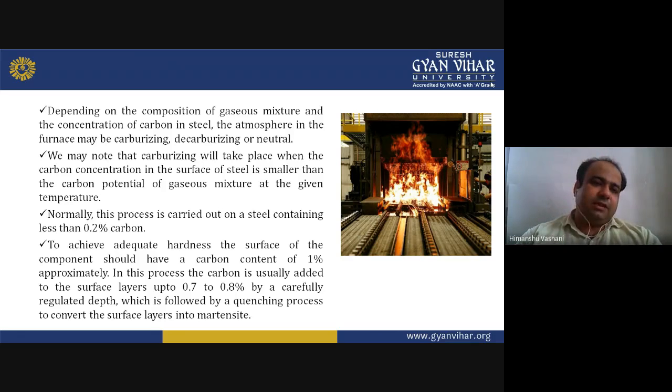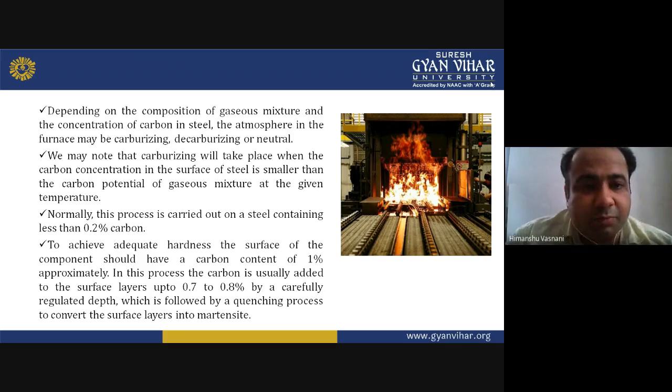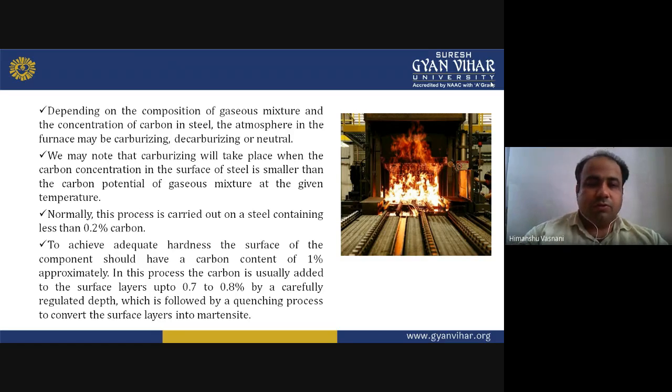Normally, this process is carried out on a steel containing less than 0.2% carbon. To achieve adequate hardness, the surface of the component should have a carbon content of approximately 1%.